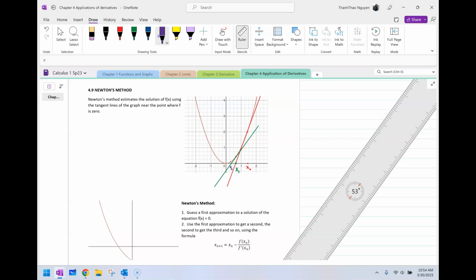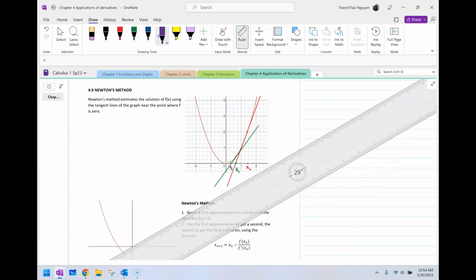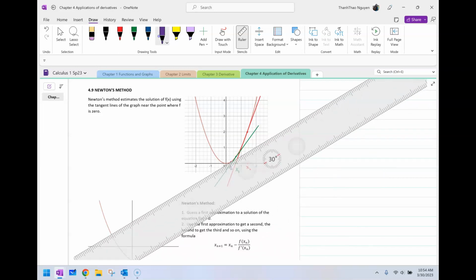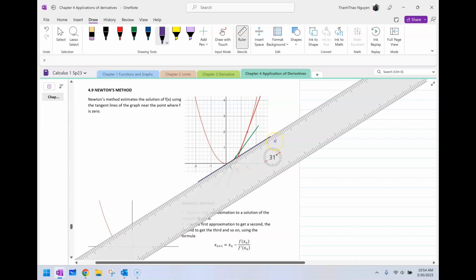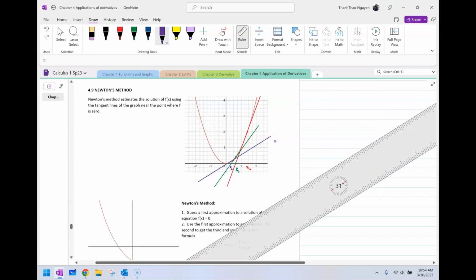Again, consider the tangent line of f of x at x2. Note that the actual zero of the function is at 0 in this graph.